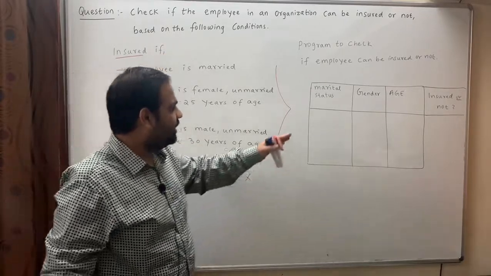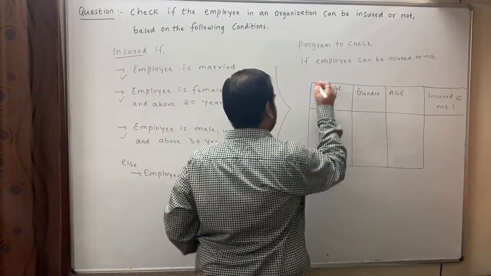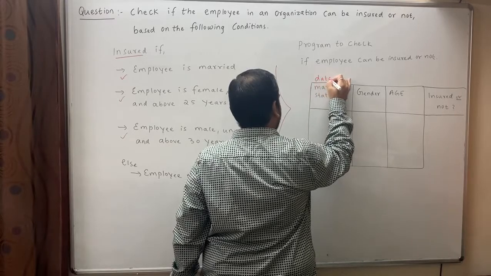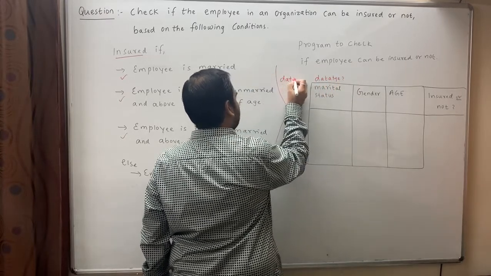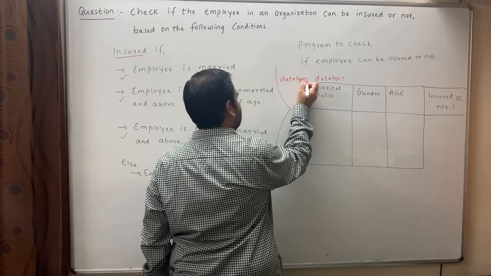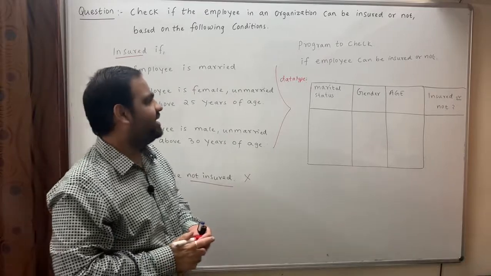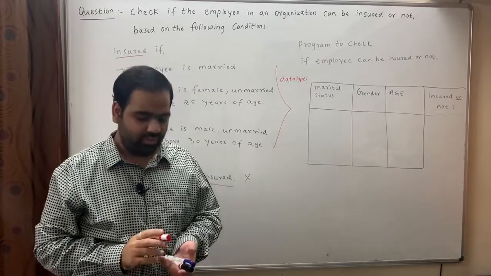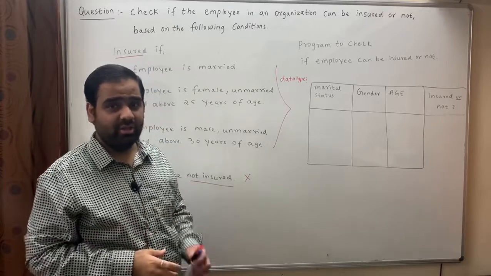Now let us see what should be the data type. What should be the data type of the marital status, of gender, of age, and at the end we will get the answer. Now, whether the employee is married or not is very simple to know.